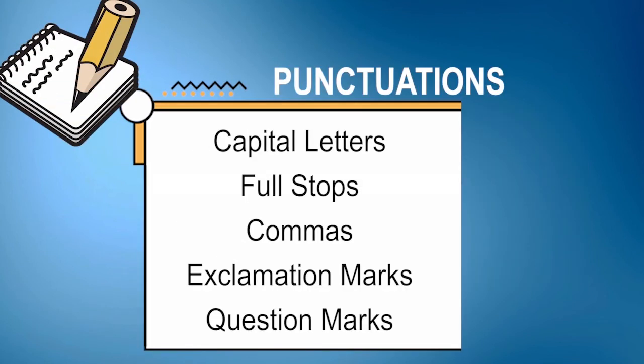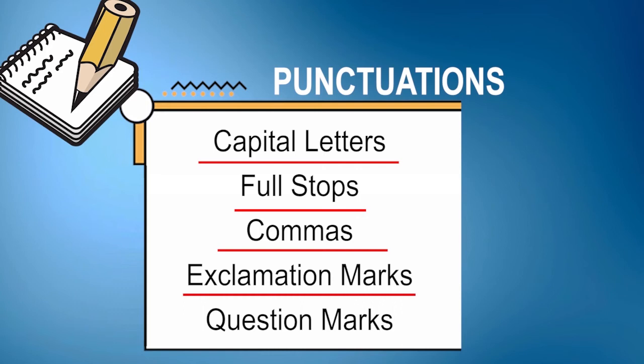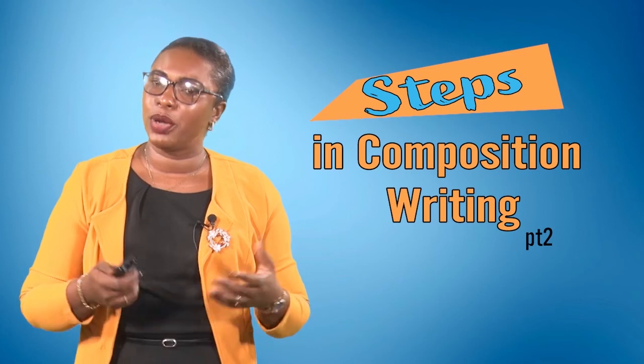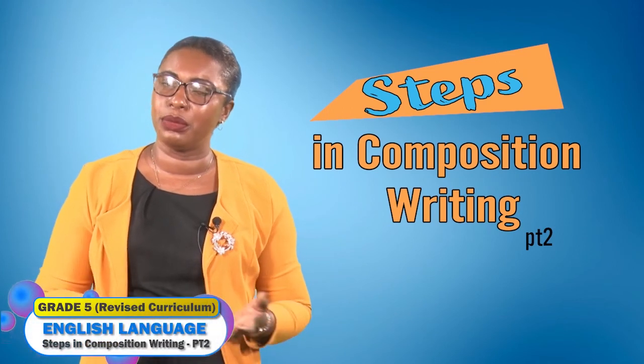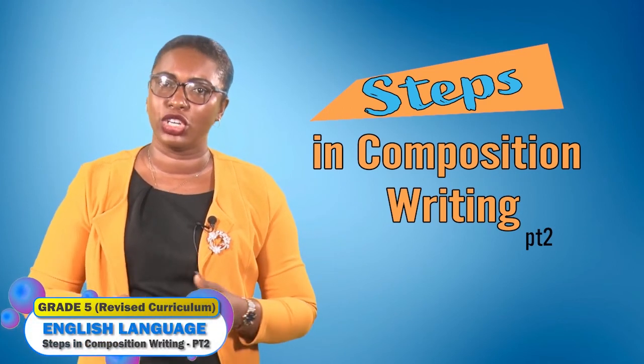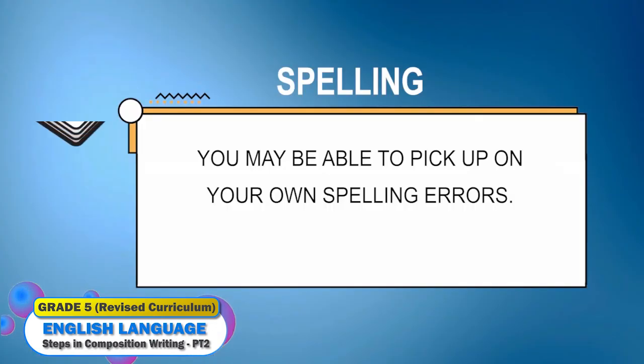We check for punctuations. And your punctuations will include capital letters where they're needed, full stops, commas, and if needed, exclamations or even question marks. So punctuations are very, very important when you are writing your composition.